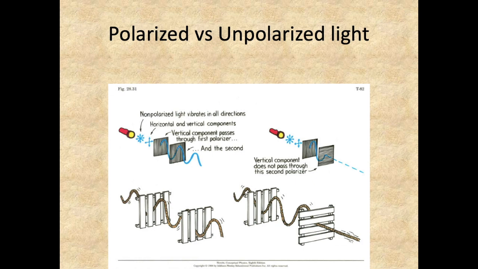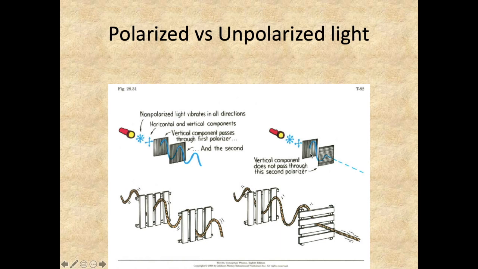And for unpolarized light, the oscillation of the electric field vector takes place in all dimensions. When light is polarized, however, we have that oscillation taking place in only one dimension.